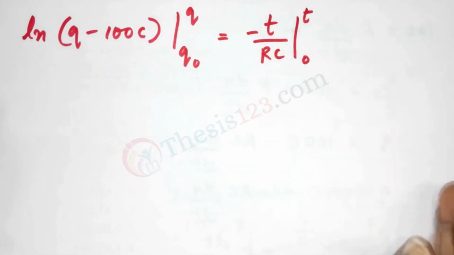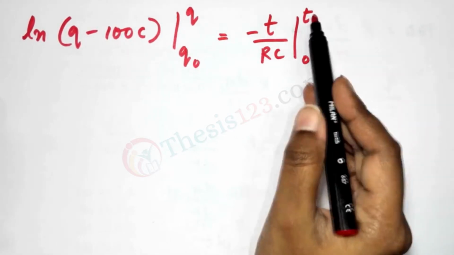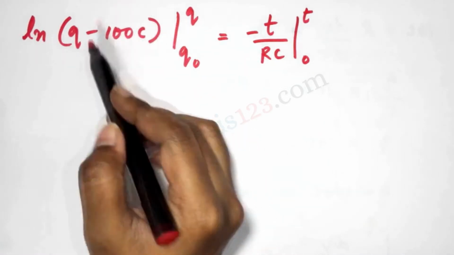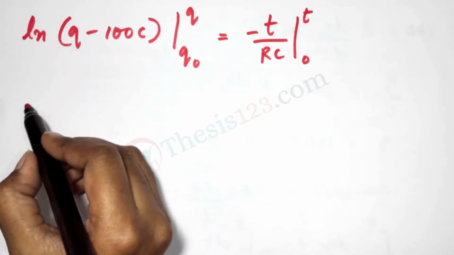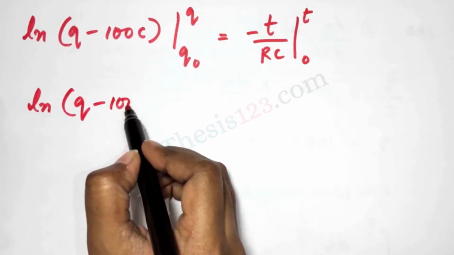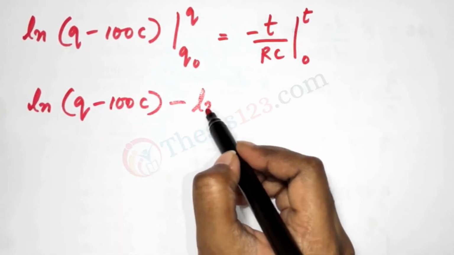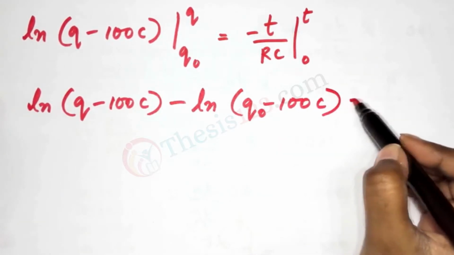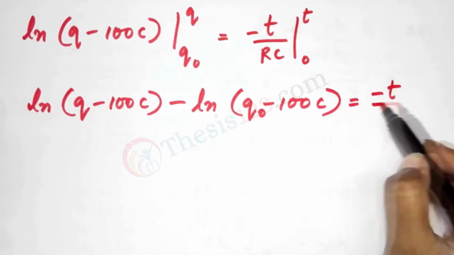Anyway, 0 to T will give us the same expression of minus T by RC. Now here let us substitute and write down what we have. We will get ln of (Q minus 100C) minus ln of (Q0 minus 100C) is equal to minus T by RC.